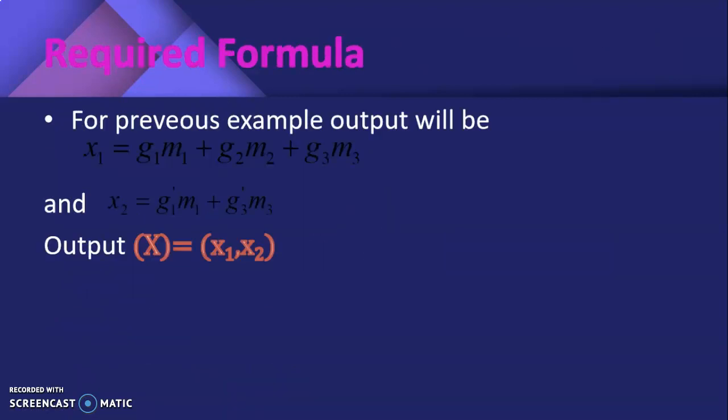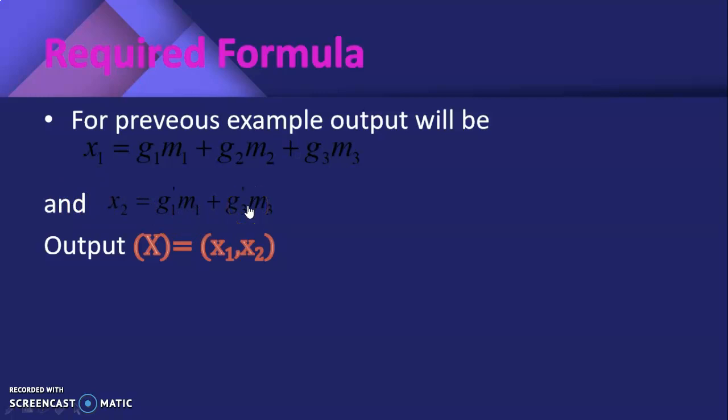Now if we want to calculate the previous example, we have to consider the following formula. X1 equals G1 into M1 plus G2 into M2 plus G3 into M3. Note that all the additions will be modulo-2 addition. And X2 equals G1 dash into M1 plus G3 dash into M3.